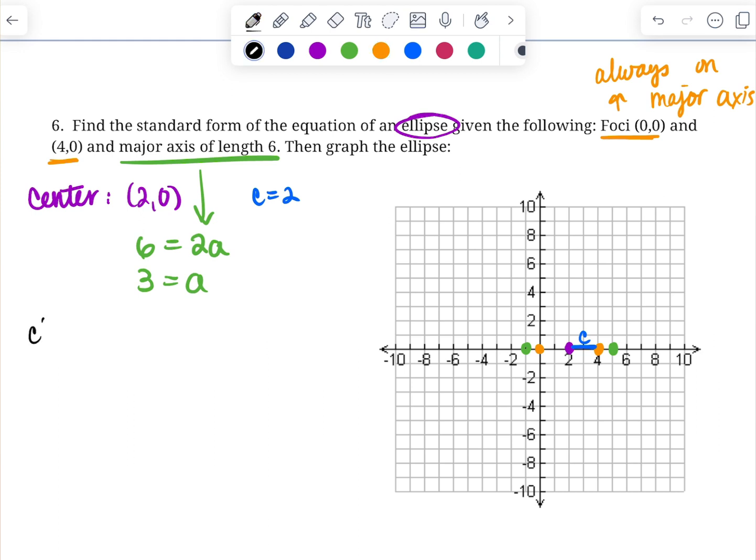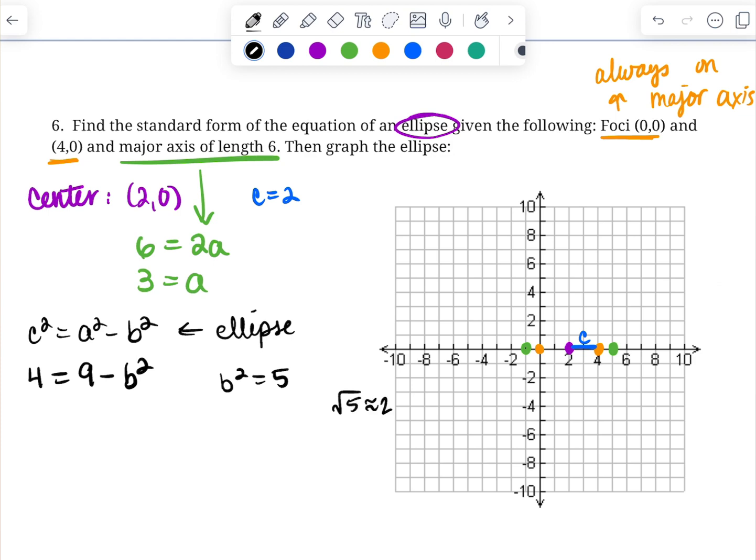So remember, c squared is equal to a squared minus b squared. This is for an ellipse, okay? It's the opposite, it's positive if it's a hyperbola. So this means that 4 must equal 9 minus b squared. So then b squared has to be 5. Square root of 5 is about 2-ish, a little more than 2.